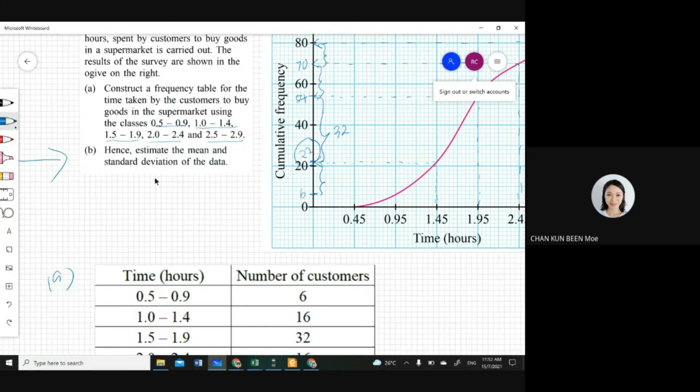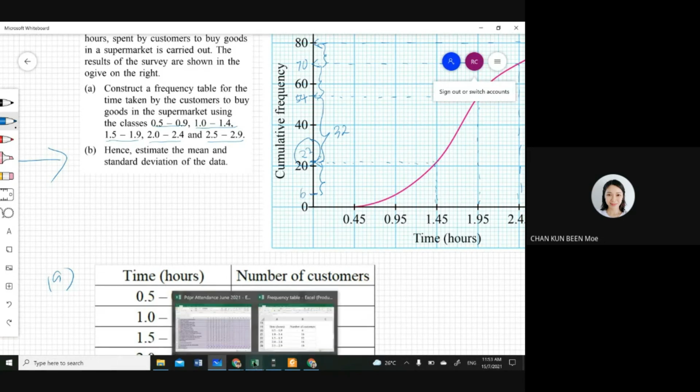So what you do is you construct the frequency table that includes all the midpoints and so on. Or else you can use what? Calculator. Yes, calculator. Do you want to use the calculator or construct the table? I let you choose.